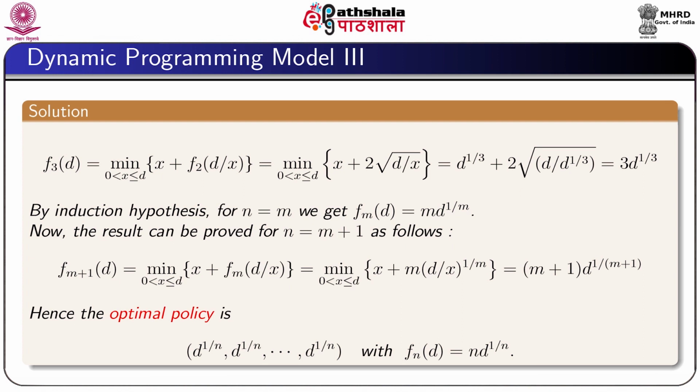We have f m plus 1 d equal to minimum of x plus fm d by x, and which is equal to m plus 1 into d to the power 1 by m plus 1. Hence, the optimal policy is obtained as d to the power 1 by n, d to the power 1 by n, dot dot dot d to the power 1 by n, with fn d equal to n d to the power 1 by n.